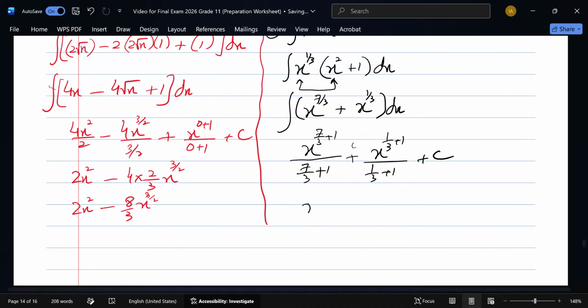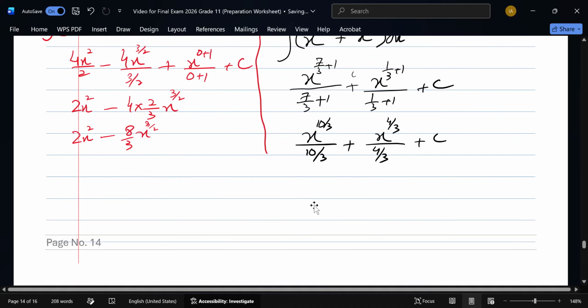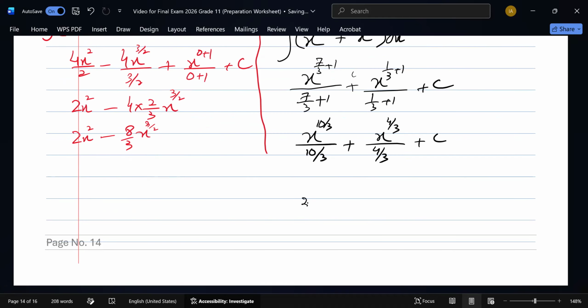It's going to be x to the power 10 upon 3 over 10 over 3 plus x power 4 upon 3, and this is 4 upon 3, plus c. The final answer is 3 upon 10 x power 10 upon 3.